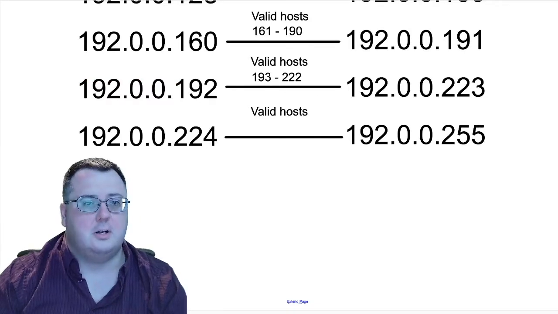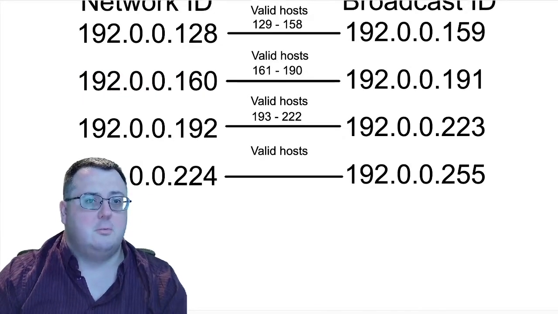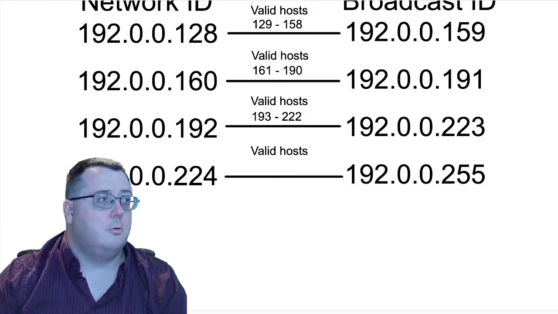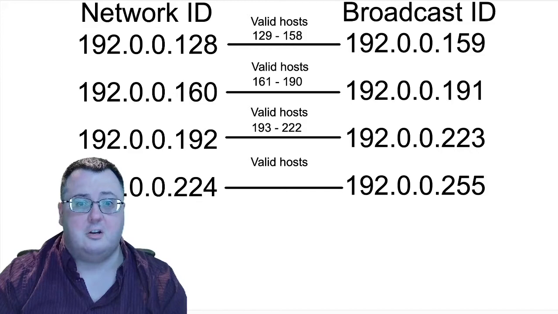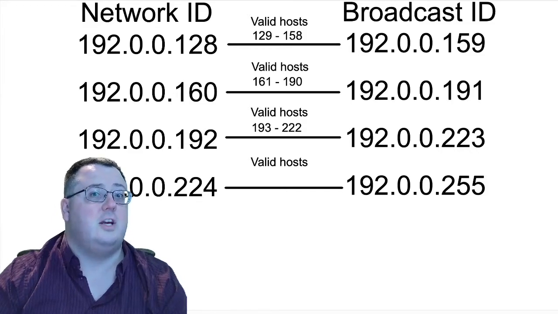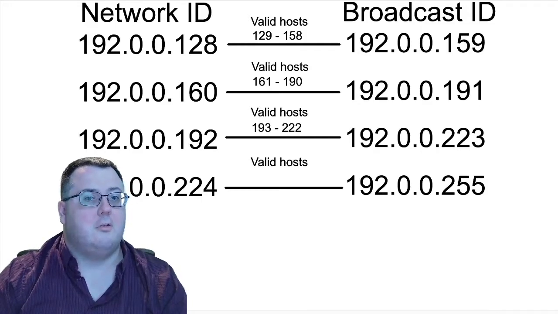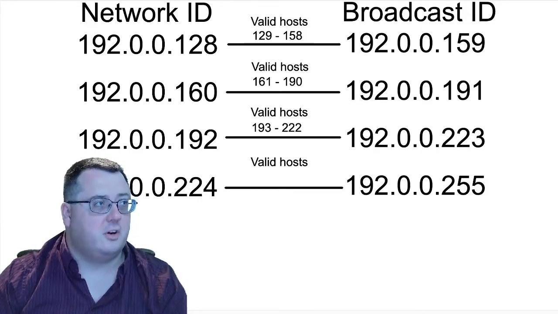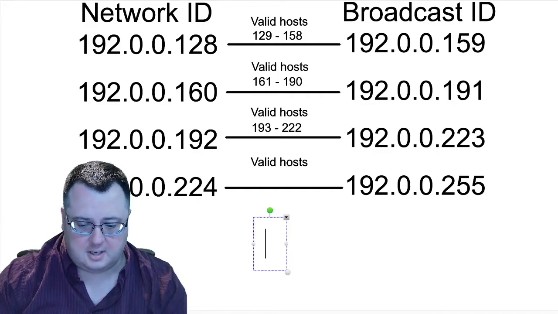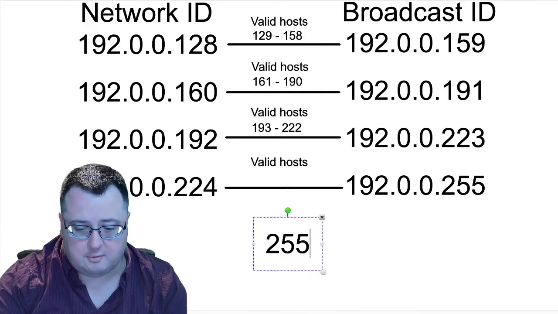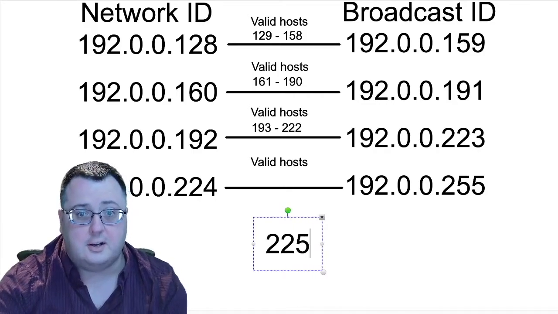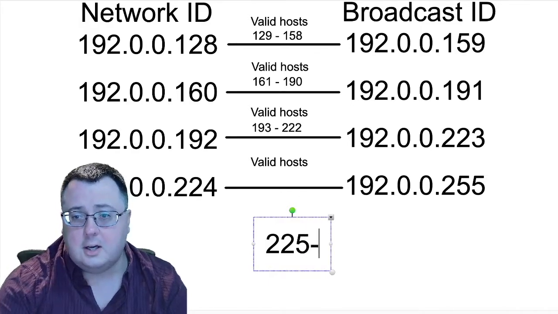192 gives me 224. So we've generated 1, 2, 3, 4 subnets there, which will have valid hosts between 129 and 158, 161 and 190, 193 and 222, and this final one, the valid hosts, I better put those in, are 225, not 255, 225 to 254.